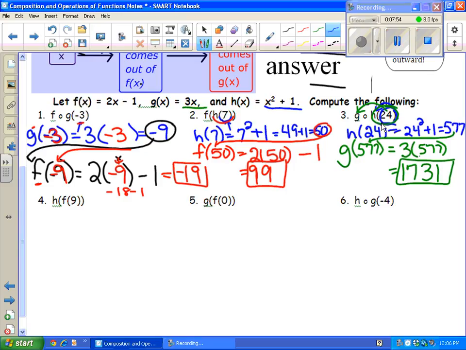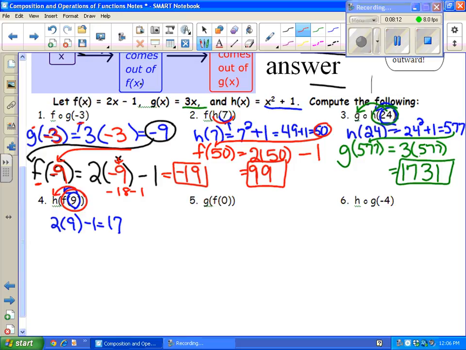Where do we start in number 4? I hope that you know that we start with F. So we're going to put 9 into F. If I put 9 into F, 2 times 9 minus 1 is 18 minus 1, which is 17. After we do the first answer, where do we put that?